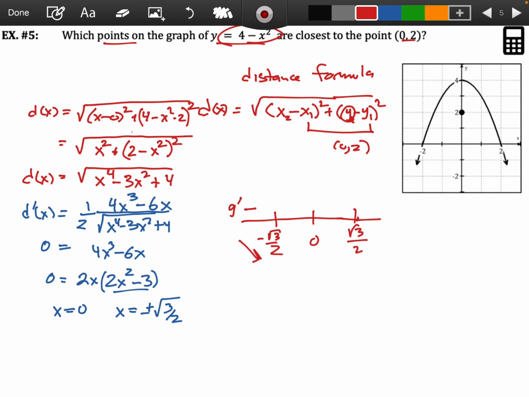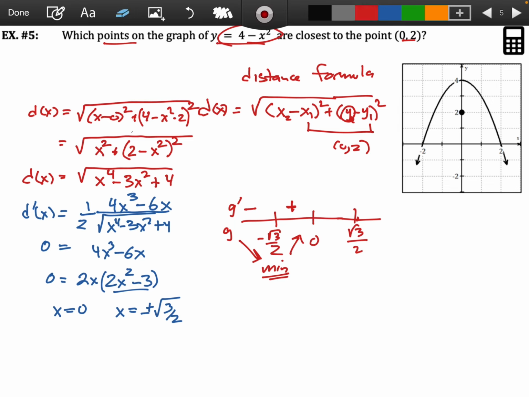So that tells us our function is going to be going down. And then if we look at g prime between 0 and negative square root of 3 over 2, you see that the graph is going up. So that gives us a minimum value, right? And that proves the whole point of we want to get closest to it.